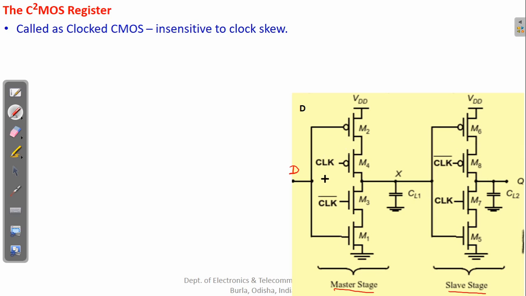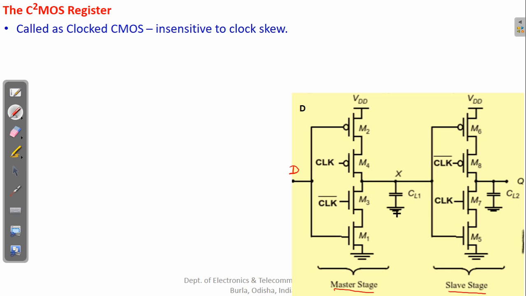But when you compare this to the static CMOS circuit, you will find that there is an inclusion of this extra PMOS and this NMOS. Take note that this is clock bar, and this is clock bar, and here it's skew. And this node is the output of the first stage and also the input of the second stage.